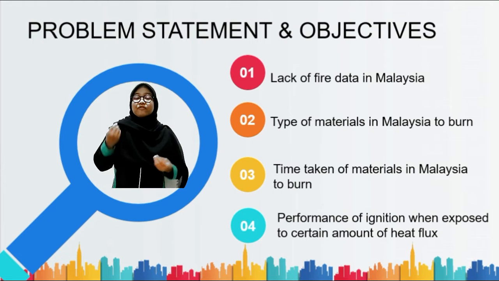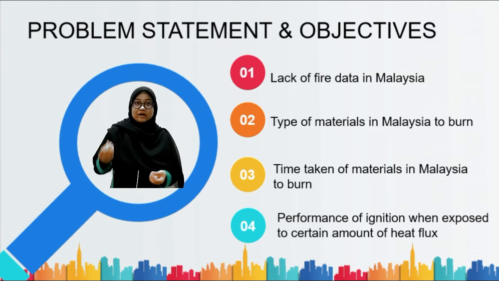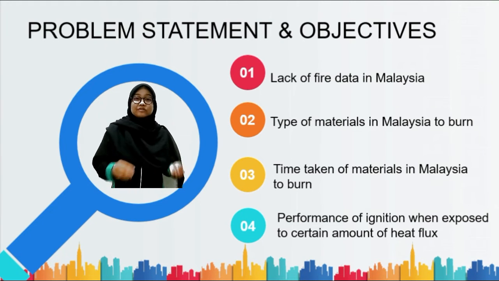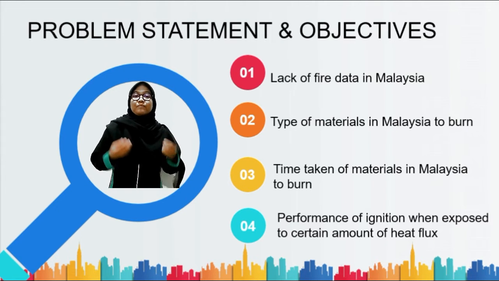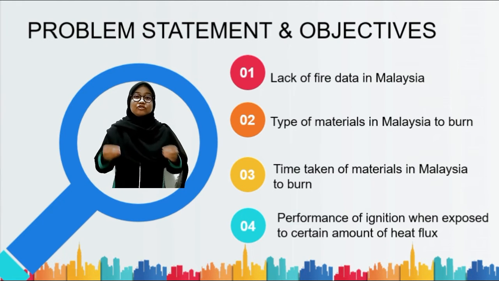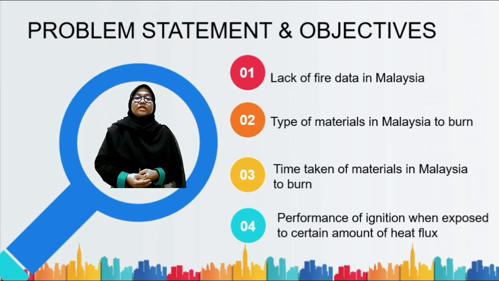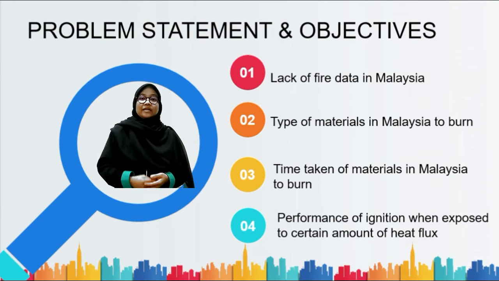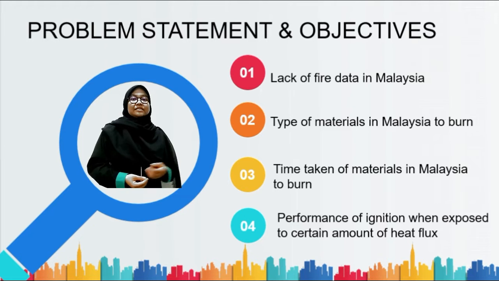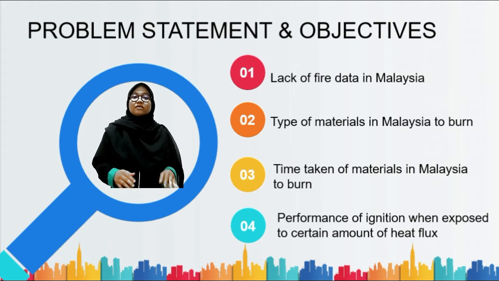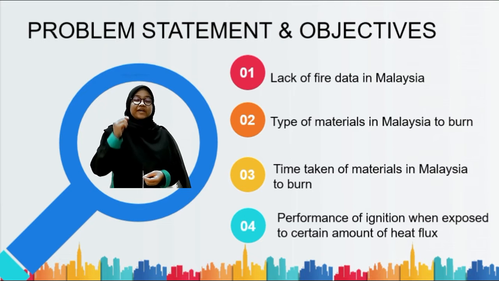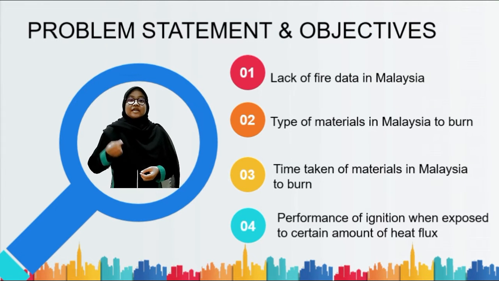Yet, the types of material in Malaysian houses also need to be studied, as it is a big factor in fire spread. So, the objective of this project is to determine the time taken for the materials to burn and the ignition performance of each material when it is exposed.